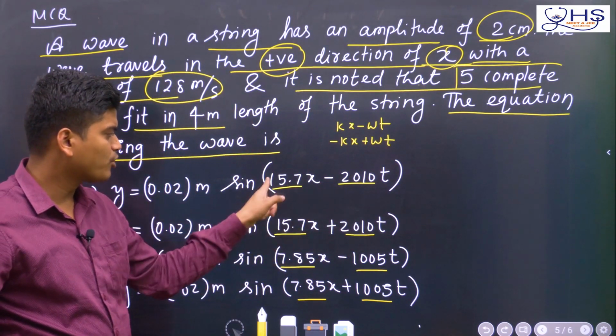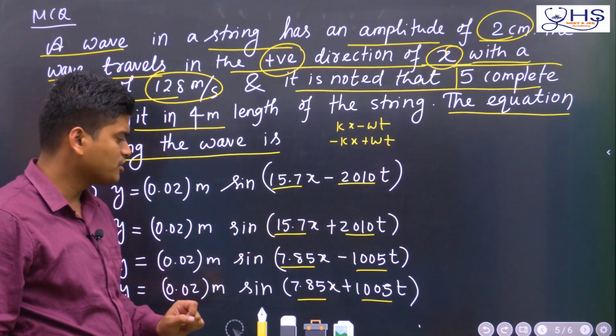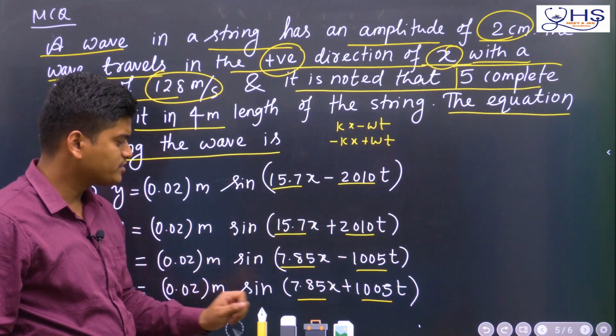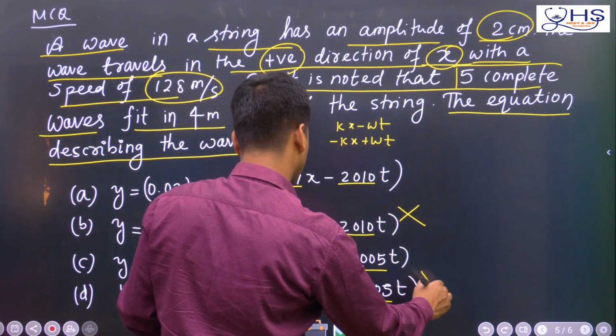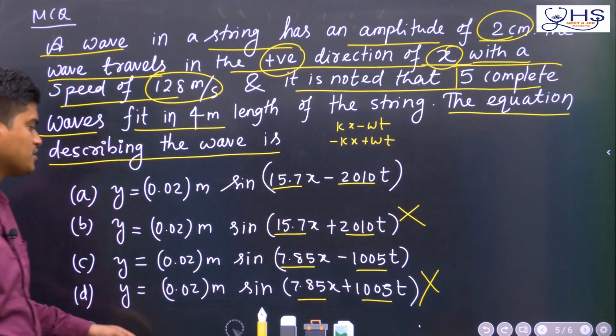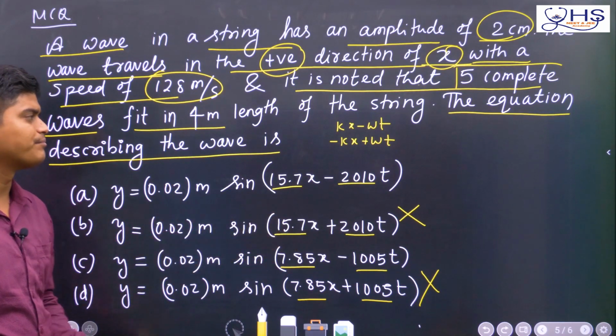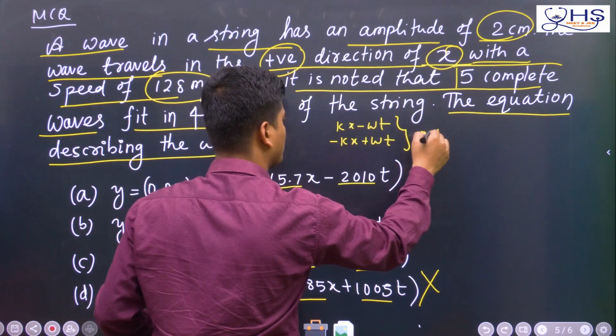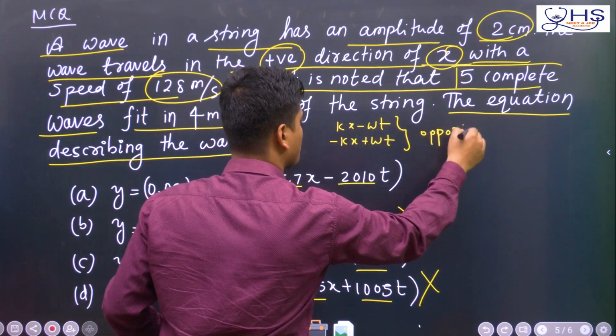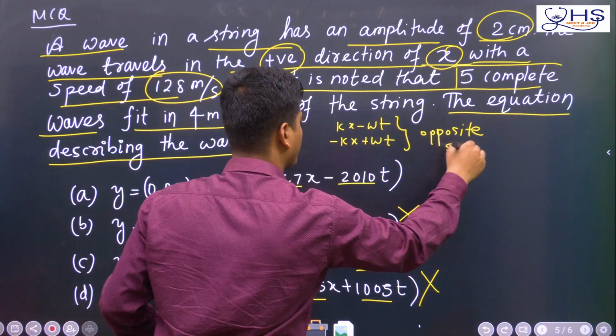Now see here, here plus minus, here plus plus, here minus plus, here plus plus. That definitely this answer will not be correct, because here the sign is coming same. But if they are telling positive x direction, definitely opposite sign should be there. So no need to take that.